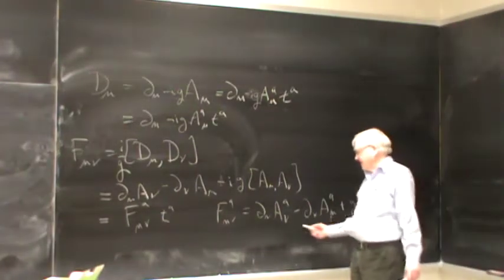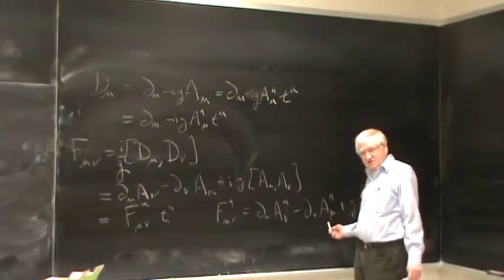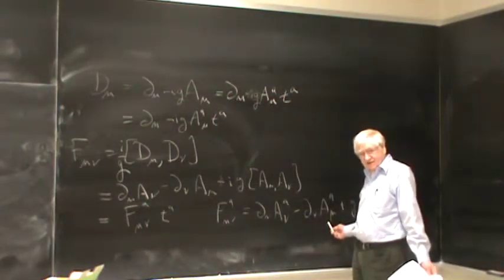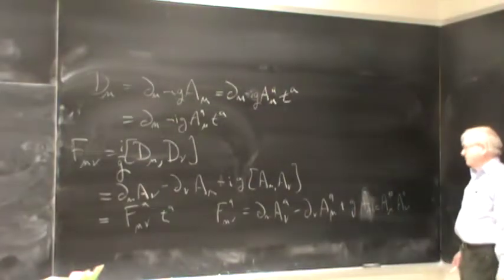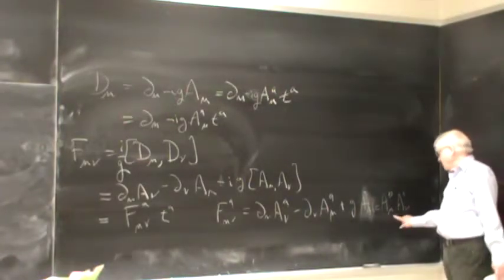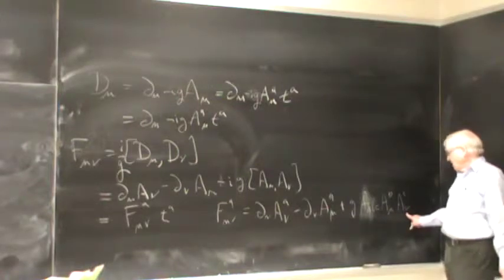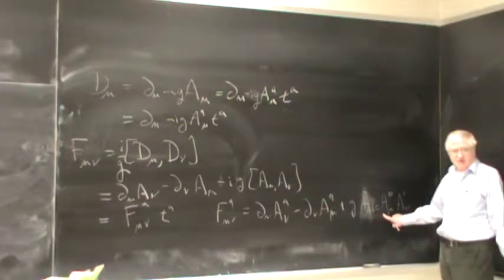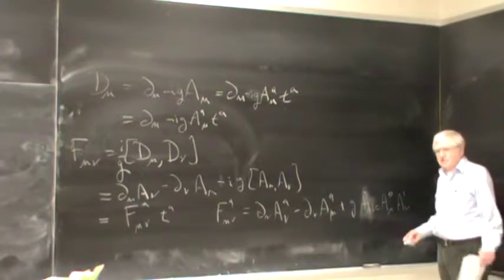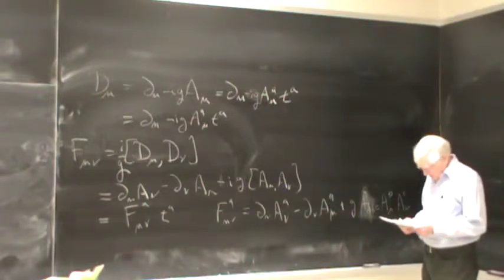It's obviously antisymmetric in mu and nu from the first term, which is like the electrodynamical field strength tensor. In the last term, when you interchange mu and nu, you can fix that by interchanging b and c, and then you get a minus sign from there. So that's why this thing is antisymmetric in mu and nu.